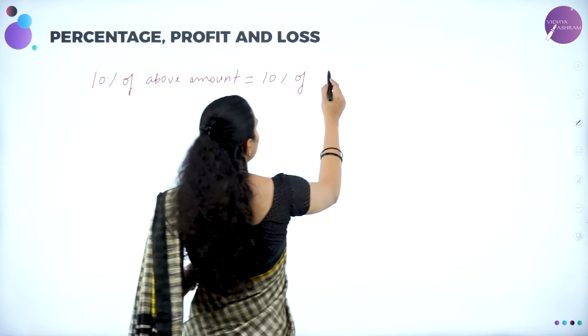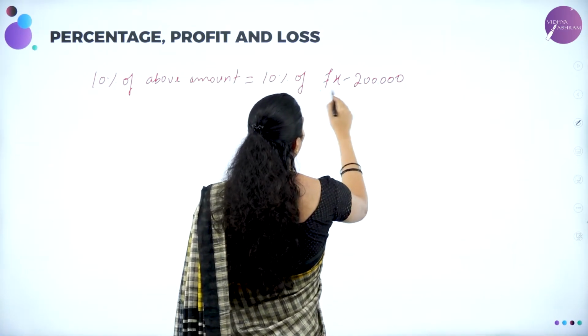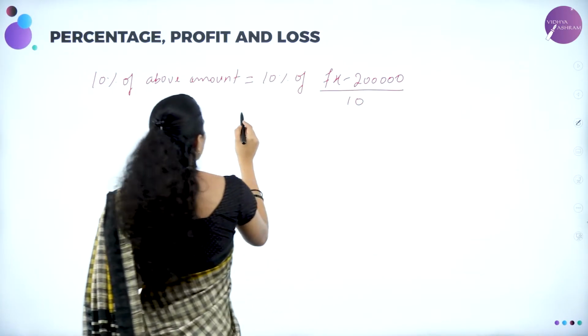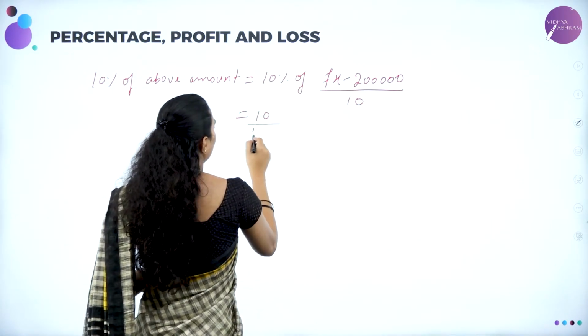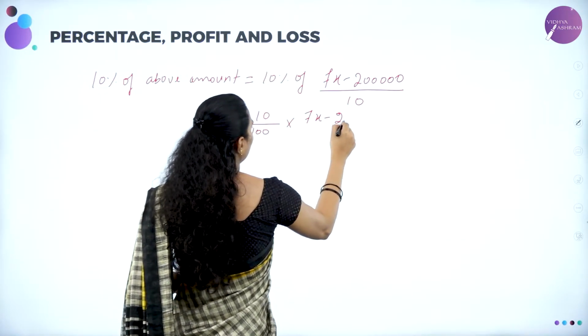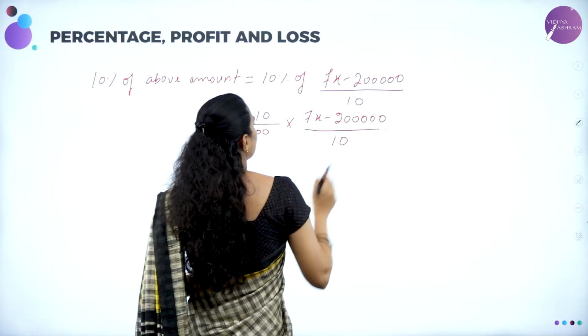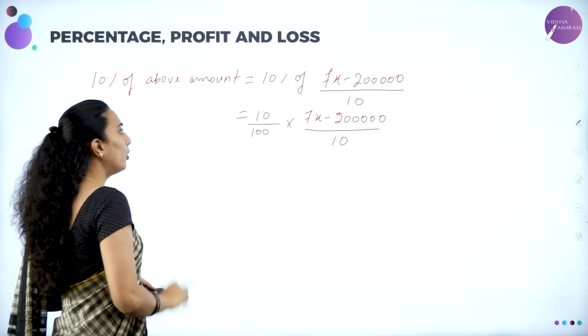So therefore (7x minus 2 lakh) divided by 10, correct? Which will be equal to 10 divided by 100 into (7x minus 2 lakh) divided by 10. Isn't it? This was the above amount.